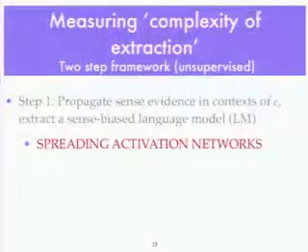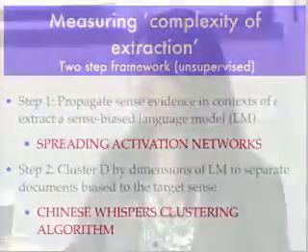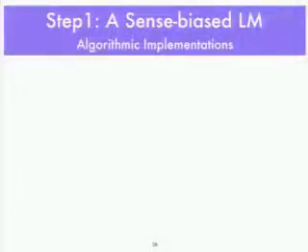Now, this is a framework, and it can be used with several underlying algorithmic implementations. You could use maybe random walks for propagating sense evidence. In our work, we use spreading activation networks, and we used the Chinese Whispers clustering algorithm, but you can use any clustering algorithm for that step. The key modifications in both of these well-known algorithms come because of our sense specification.